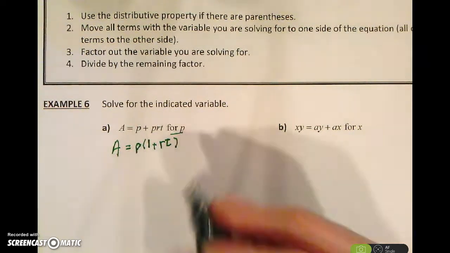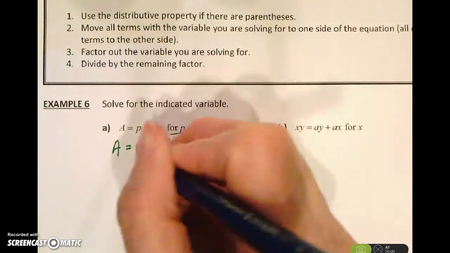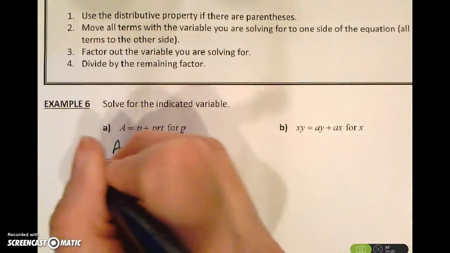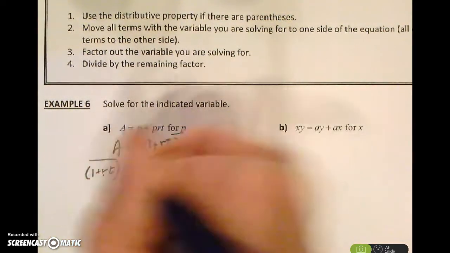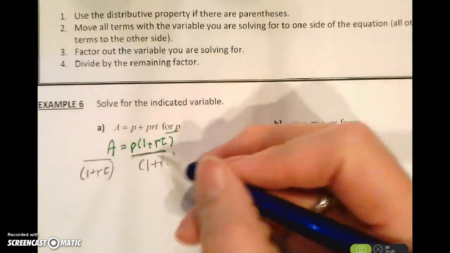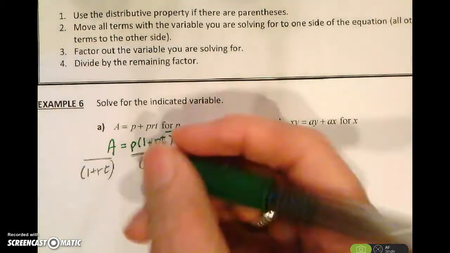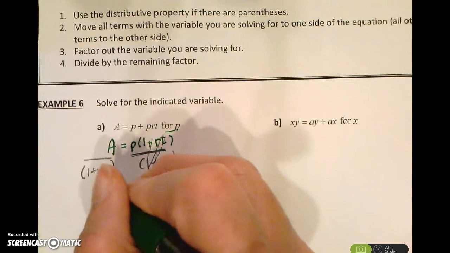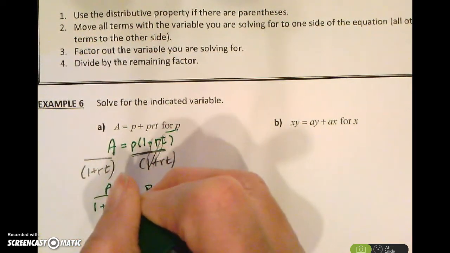Now I want to solve it for P, so I'm going to divide both sides by 1 plus RT. So divide both sides by that parentheses 1 plus RT. When I do it, the parentheses cancel, and I'm left with a P on the right, and over here A divided by 1 plus RT.